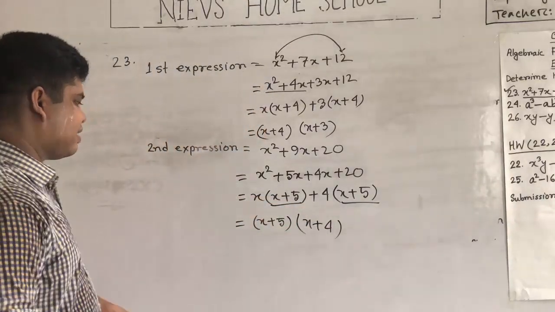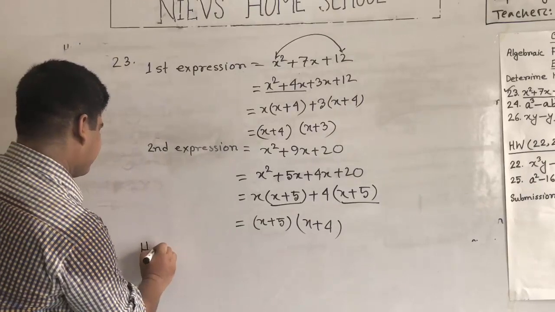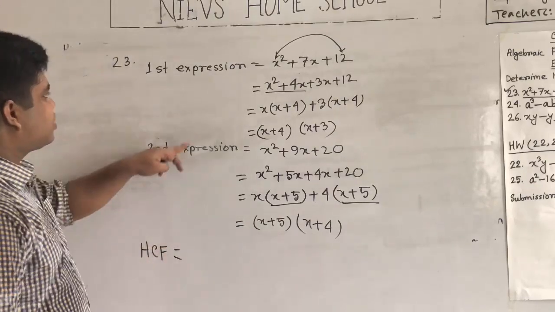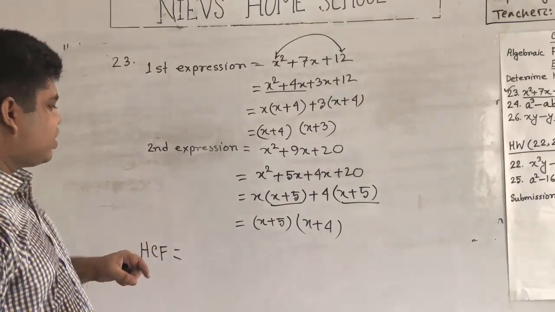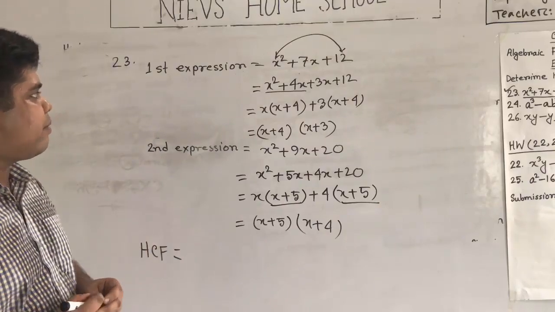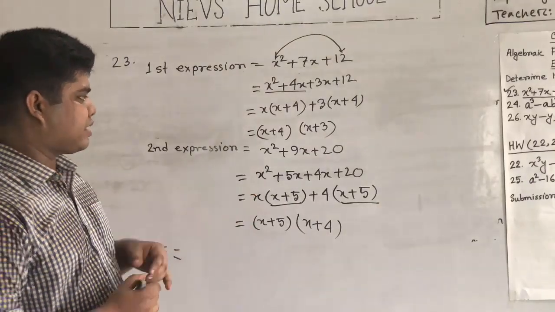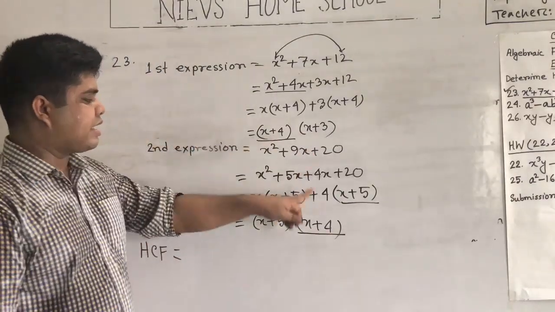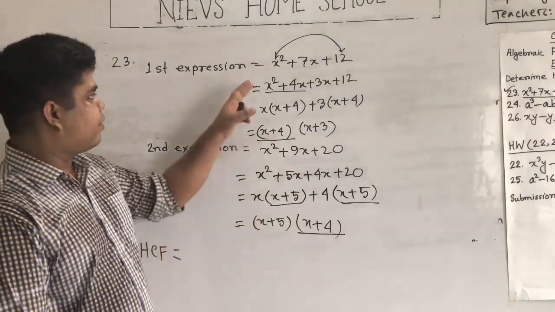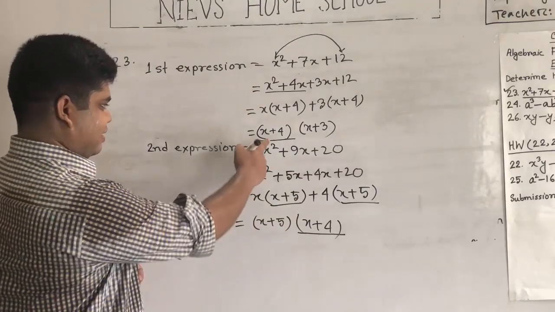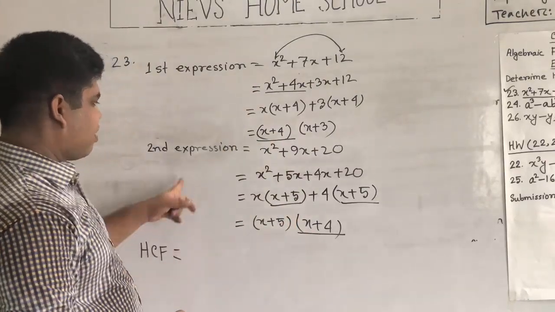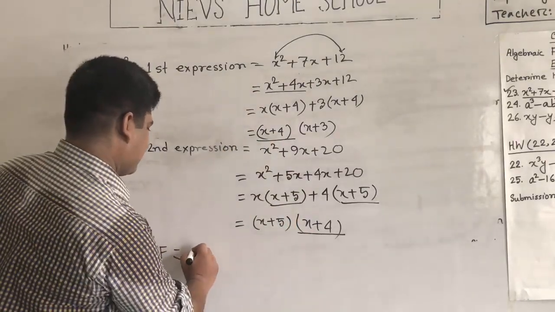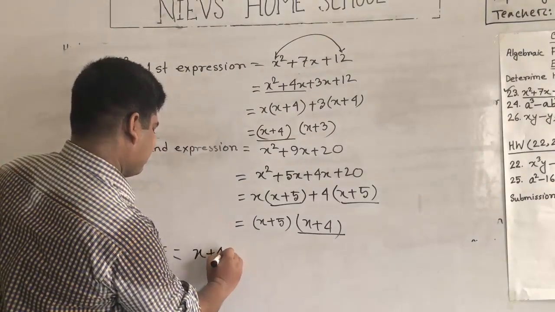My dear students, now we find out the HCF of these two expressions. That means which factor is common in both expressions: x plus 4 and x plus 4. This factor is common in both expressions, so we can say this is the HCF of these two expressions. So HCF is x plus 4.